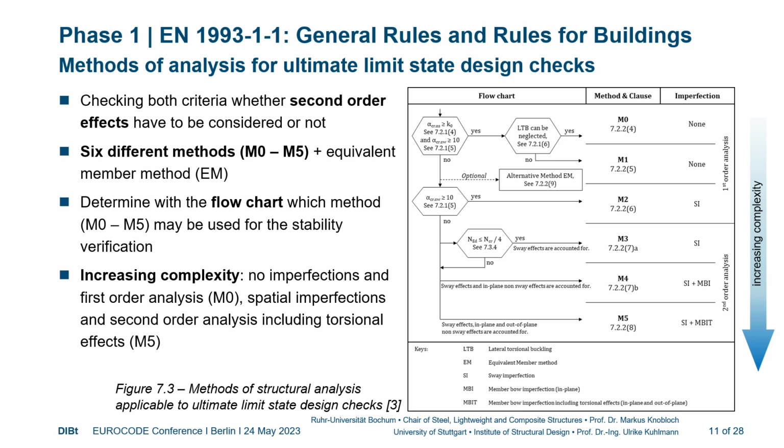So there is M0 at the top, first order analysis without any imperfection, the most simple case. And there is M5, the most complicated case, imperfection in both directions, also second order analysis in both directions, including the torsional effects. So I think by having the complexity organized in such a flowchart, this flowchart is not only of help for us when we were drafting that, but it is also of help for the users.